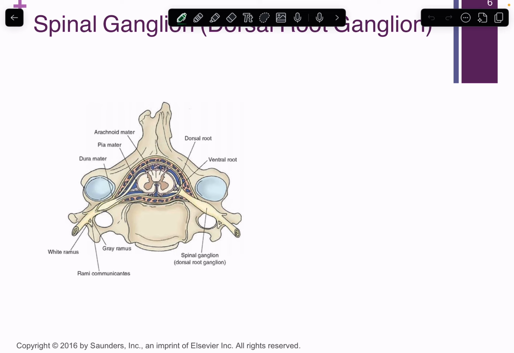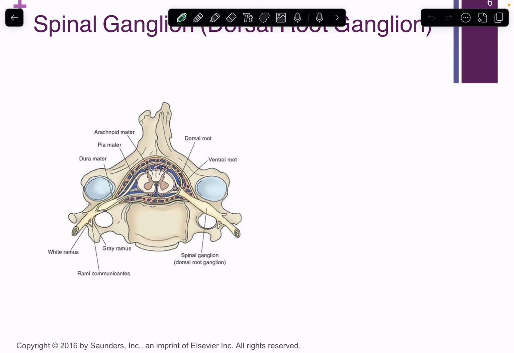So you could also see in here the white ramus and the gray ramus. Just to tell you the differences, the white ramus contains myelinated, that's why it's white, okay, preganglionic fibers, and only found from T1 to L2.